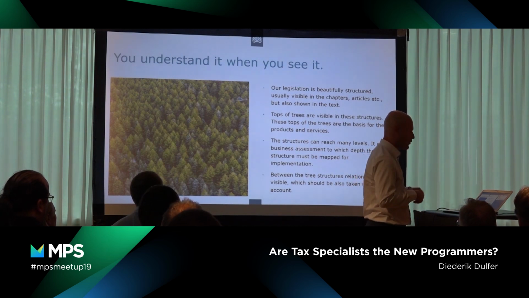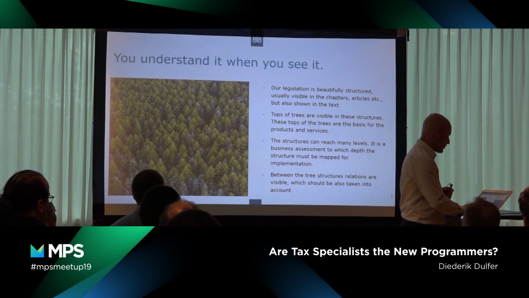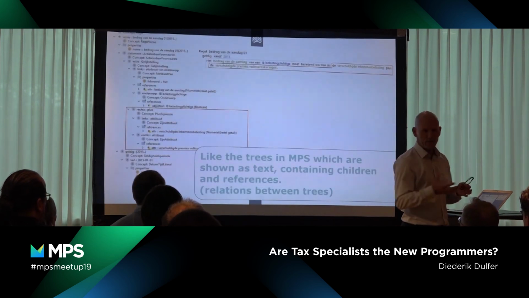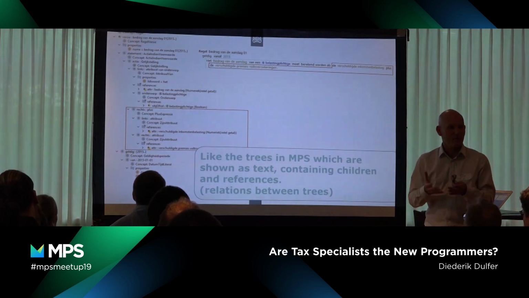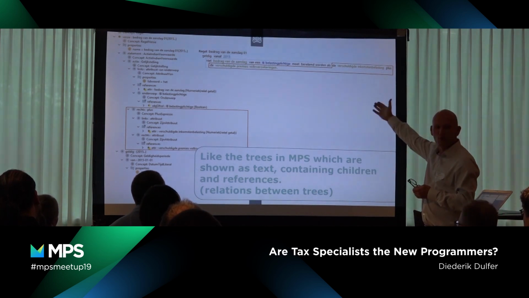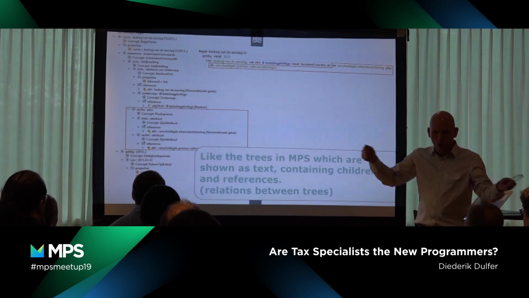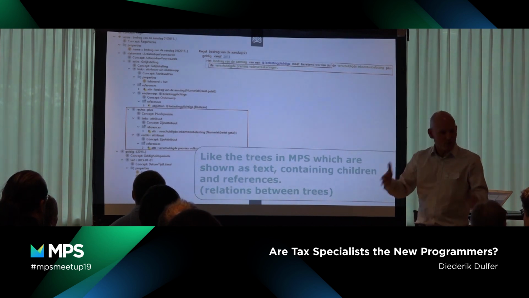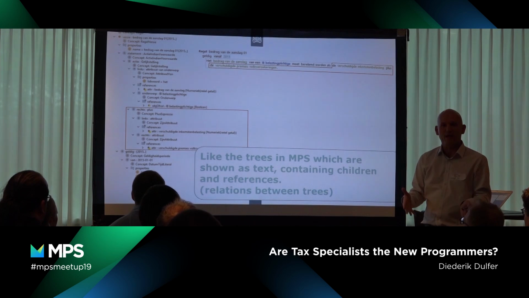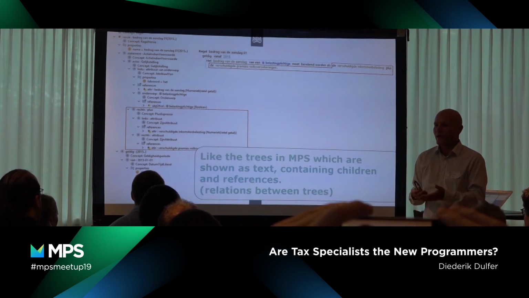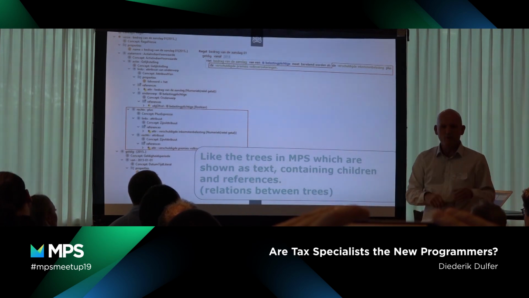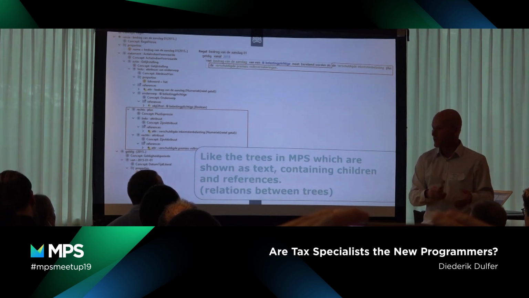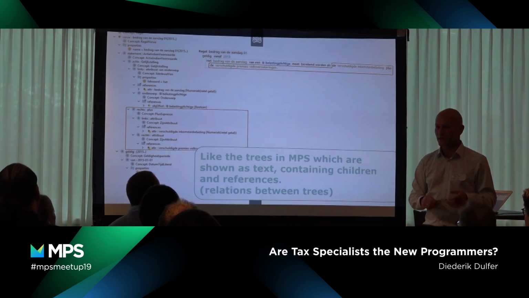And that looks very similar to MPS, because when we have our rules in MPS and we open the Explorer, you see the tree structure in the Explorer, and it's almost the same as the structures you see when you read the text of the legislation.